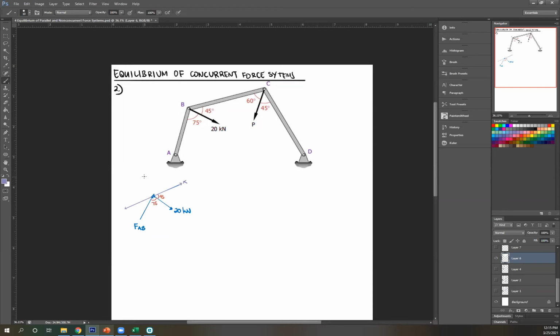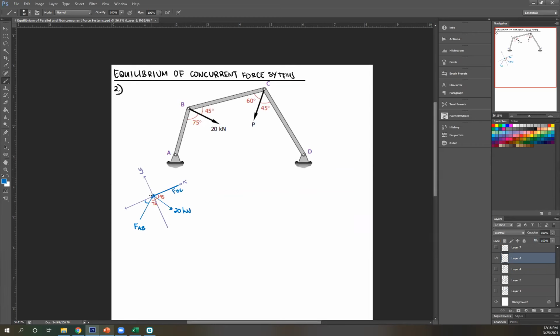And consequently, perpendicular to that is my y-axis. Okay. And then let's draw this again. This is your FBC. Now look here. Now I can determine 20 is 45 degrees from the x-axis. So it's easier to see my angles.